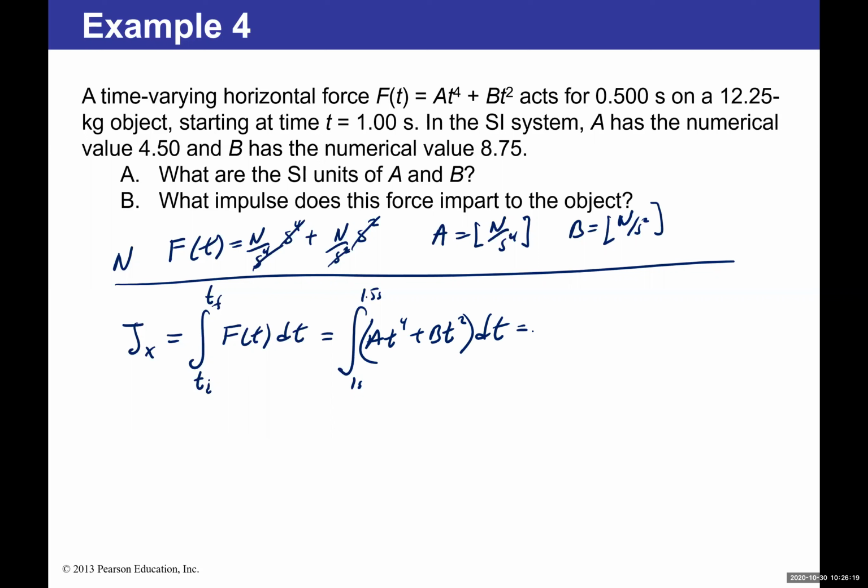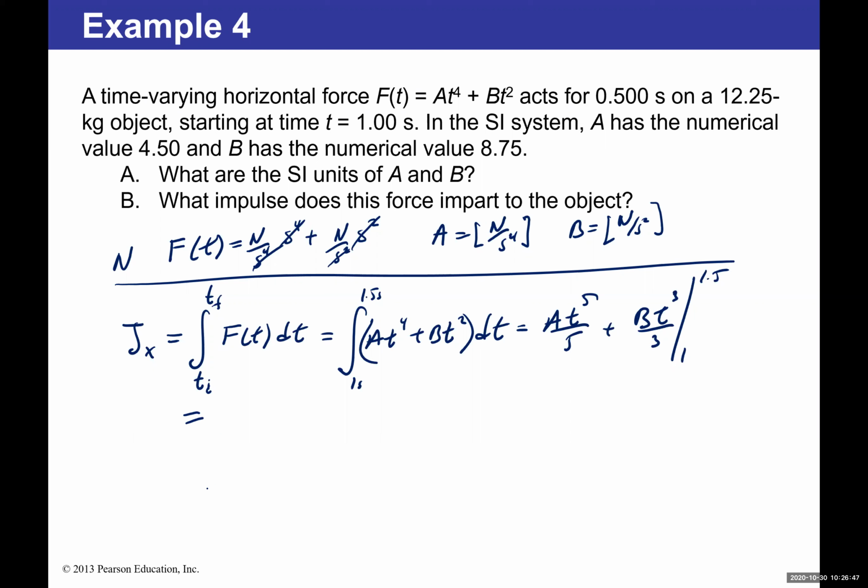So from here, what I do is basically a times t to the 5 over 5, then plus b times t cubed over 3, and the limits are 1 to 1.5, in terms of seconds. Then we just do the tedious calculations, and I'm sure you should be able to do that or follow the solution that I have.